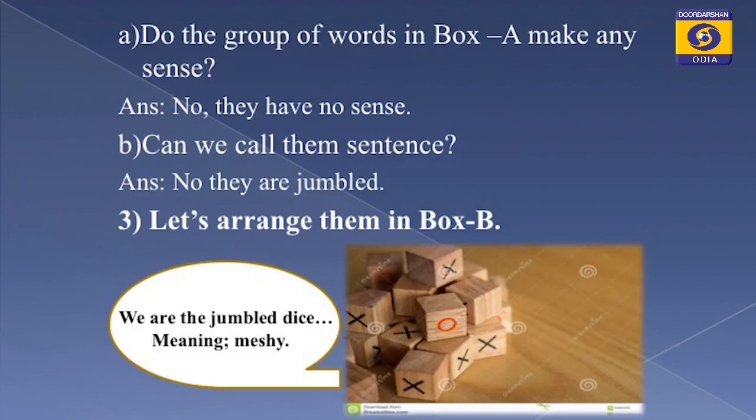Now, please see what we just discussed. The groups of words in box A have no sense, have no meaning. So we cannot say they are sentences. Those words are jumbled, so they are not sentences; they don't give any complete thought.